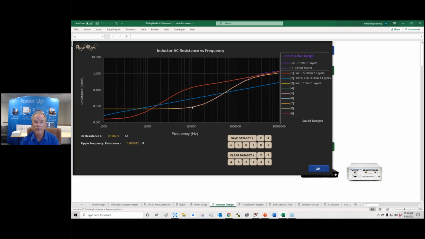You get almost a 3-to-1 improvement if you wind it the other way with the foil the conventional way, but you have to use thin foil. So we went down from 0.5 millimeters to 0.1 millimeter, and then that design would be the best one for an LLC anywhere up to about 400 kilohertz.